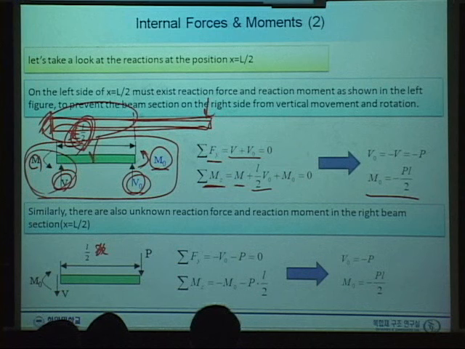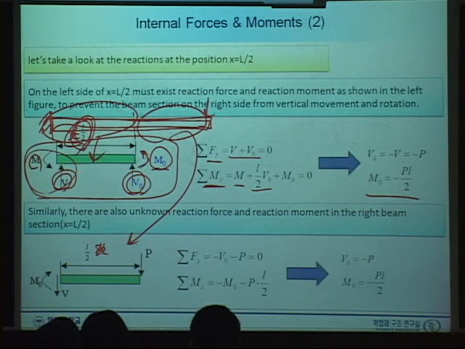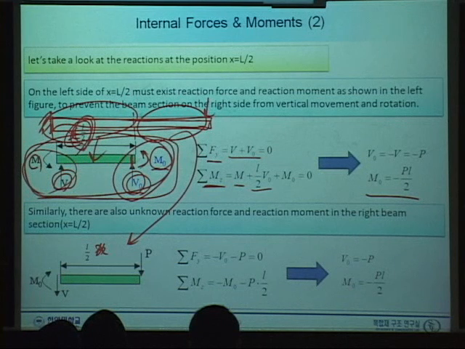One is this one, and this one comes to here. We separate them into two beams, and then the internal force at here can be calculated in two ways. One is to apply the equilibrium equation to this part, and the other is to apply the equilibrium equation to this part.